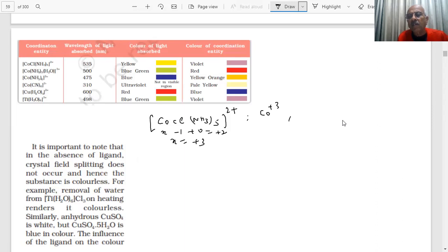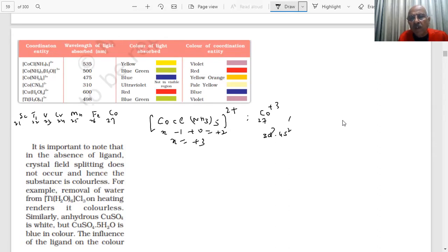And what is the atomic number of cobalt? We have shown scandium, titanium, vanadium, chromium, manganese, iron, cobalt: 21, 22, 23, 24, 25, 26, 27. 27, so 3d7 4s2.